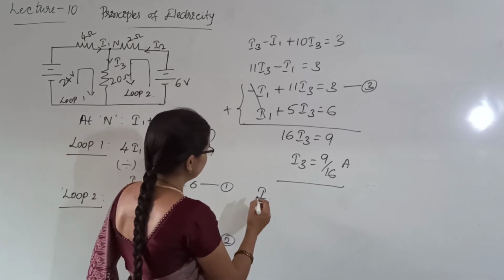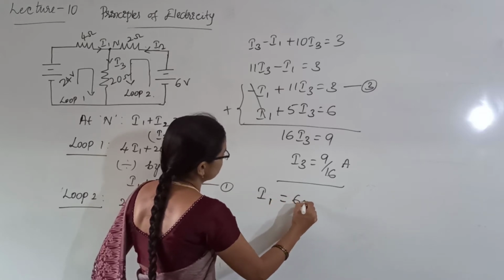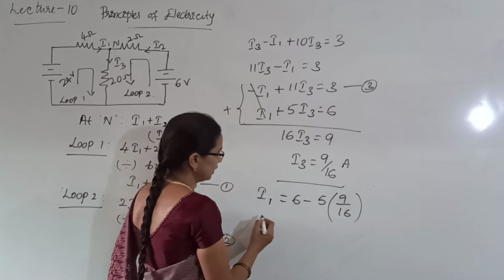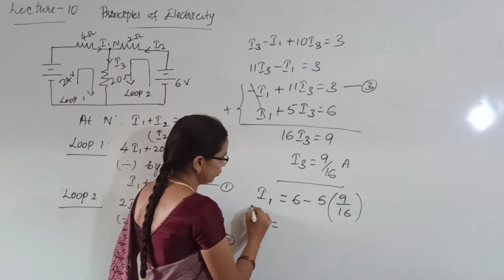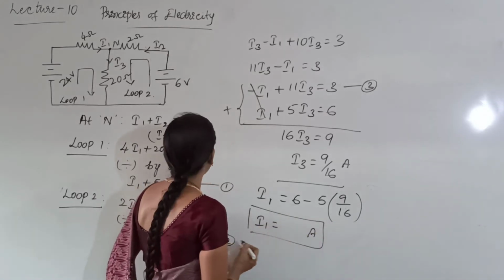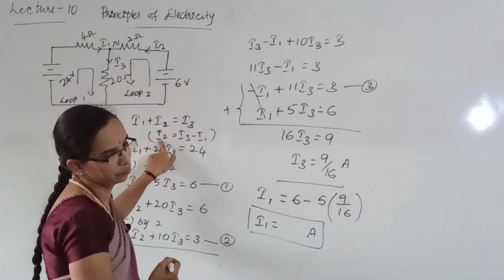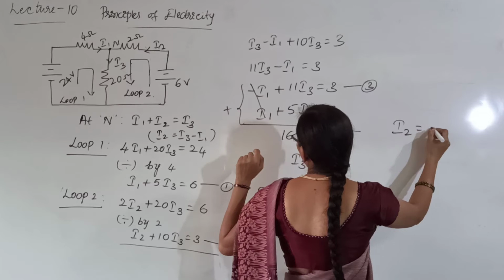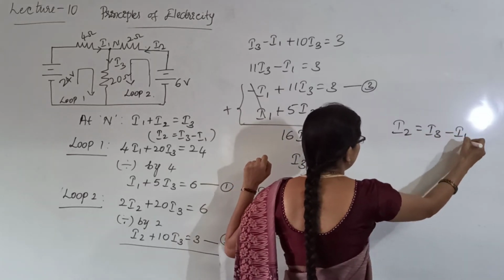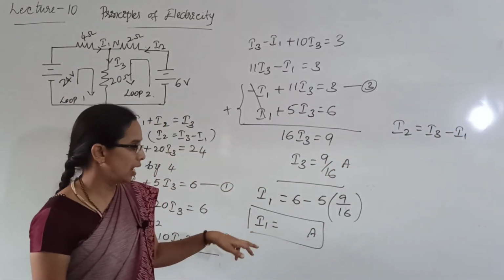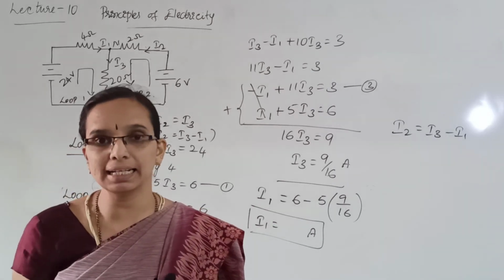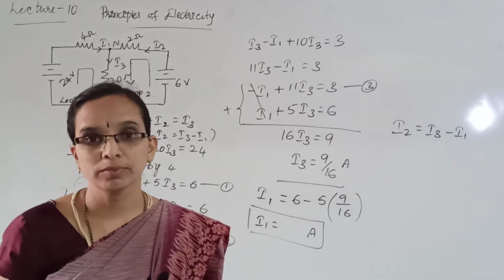I1 is equal to 6 minus 5 I3. Calculate it and put the value for I1, and also you need to calculate the value of I2. Okay, I2 will be equal to I3 minus I1. You people have calculators. It is easy for you people to calculate and put the answer. Okay.